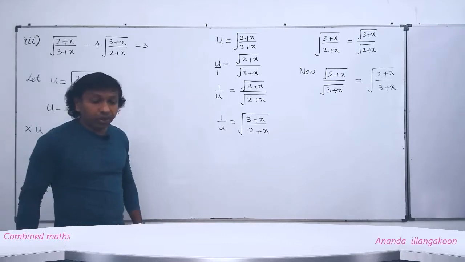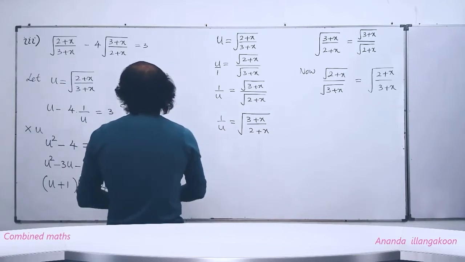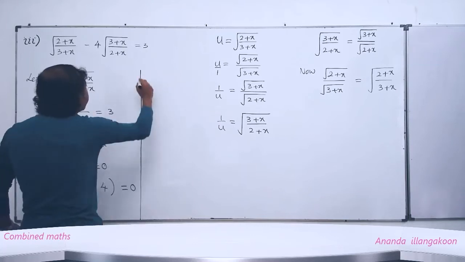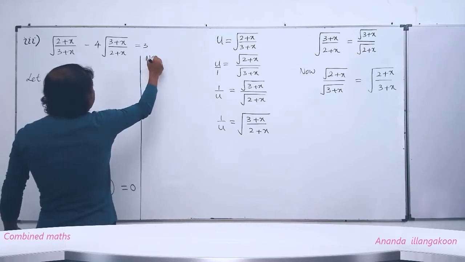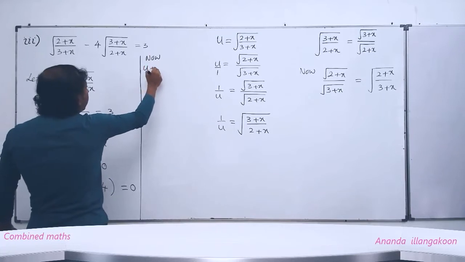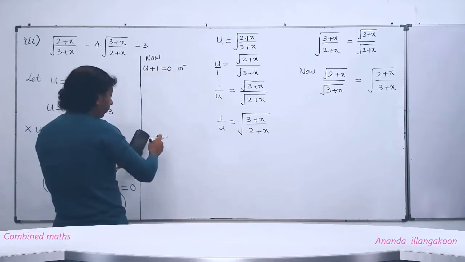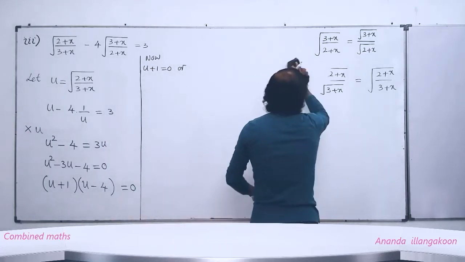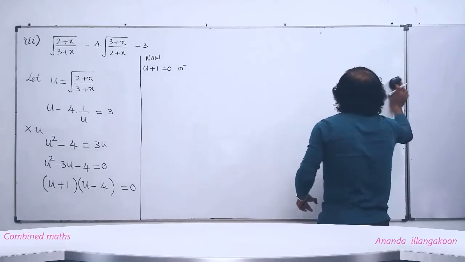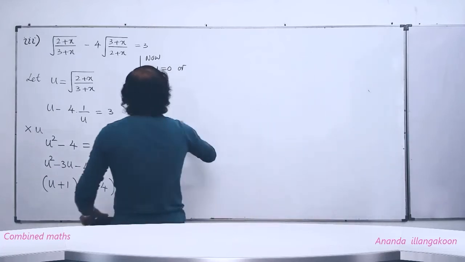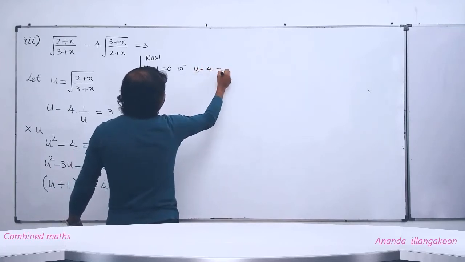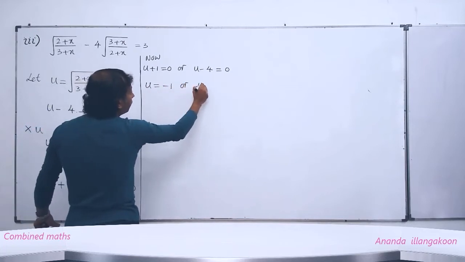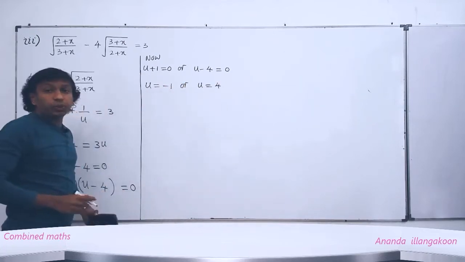Thereby you can take two answers for u. Now u plus 1 equals 0, or u minus 4 equals 0. Taking the right hand side, u equals minus 1, or u equals 4. There are two answers for u, people.